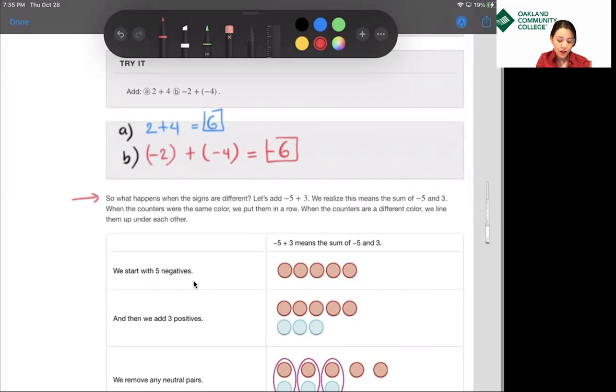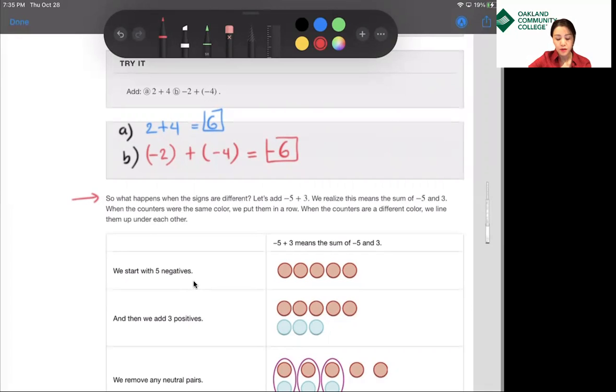Right? Let's now add the last combination, 5 plus -3. Again, I'm going to start with 5 positives. And then under the 5 positives, I'm going to add the three negatives in red. We're going to remove the neutral pairs. So what's left is the 2 positives.